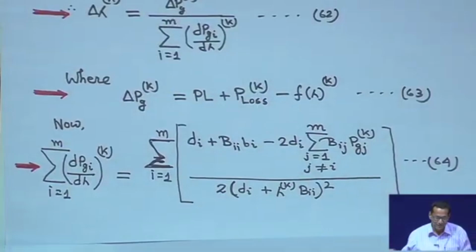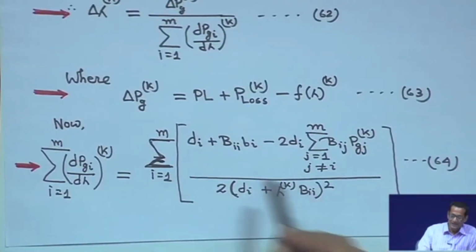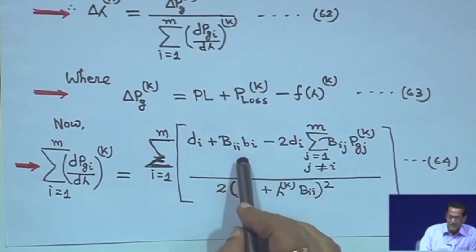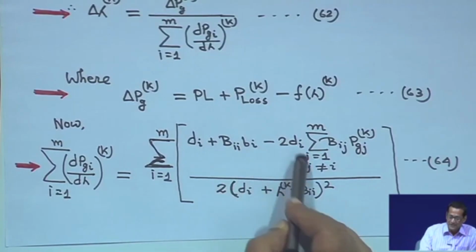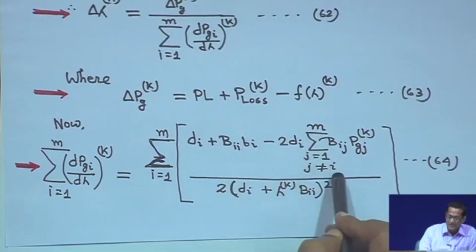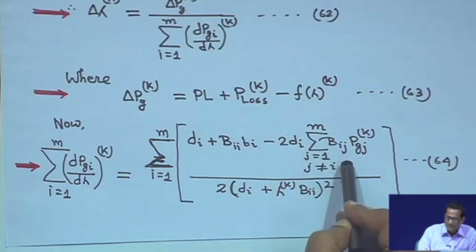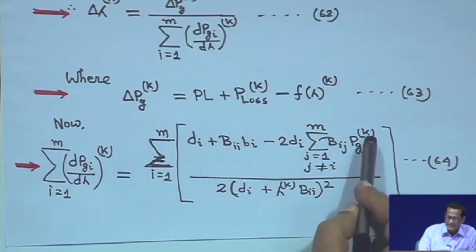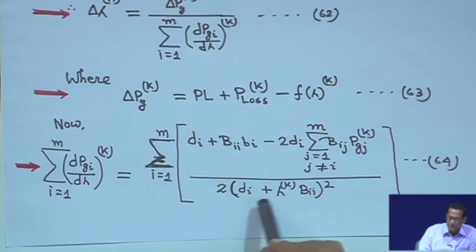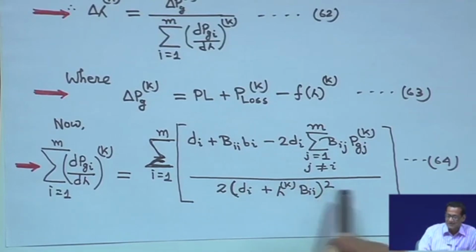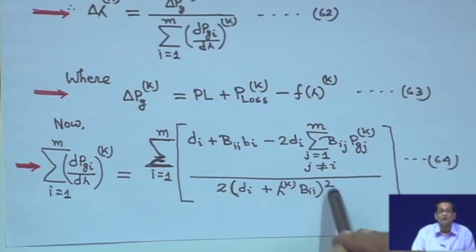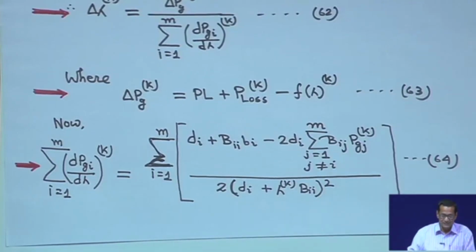What I have done is I have written the whole derivative here: it will be di plus capital Bii small bi minus 2 di, summation j equal to 1 to m, j not equal to i, capital Bij into PGj at the kth iteration, divided by 2 into di plus λk Bii, whole square. This is equation 64.